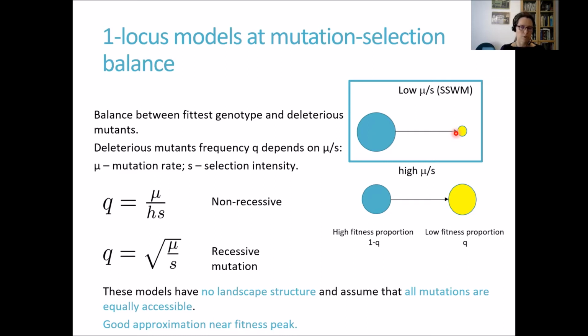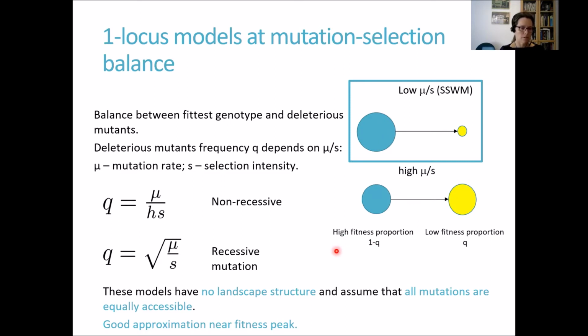If we think about low mu over s, the strong selection weak mutation regime, then most of the population is expected to occupy the fittest genotype, and only a very small proportion will be the deleterious mutants. If mu over s is higher, then we should expect a larger proportion of the deleterious mutants, but still there should be some balance between fittest and less fit.